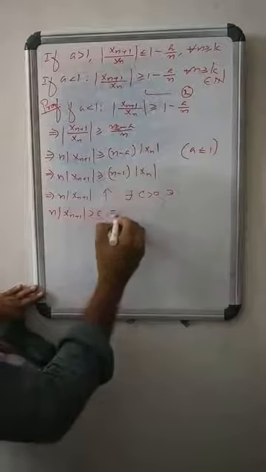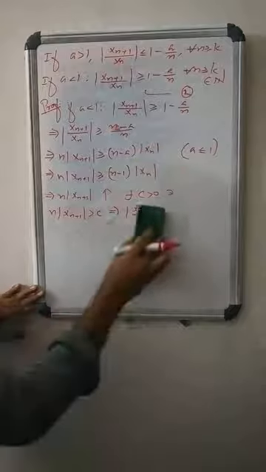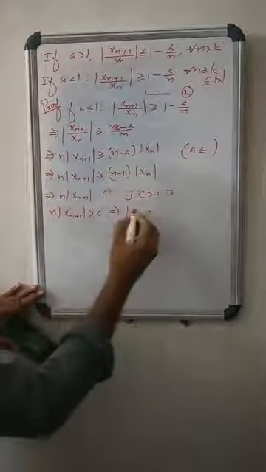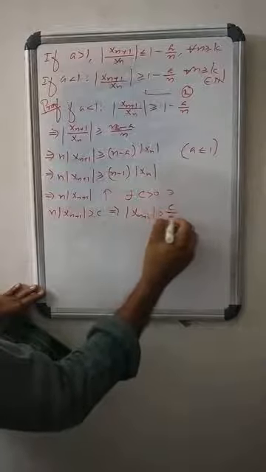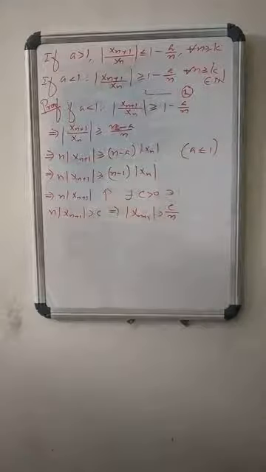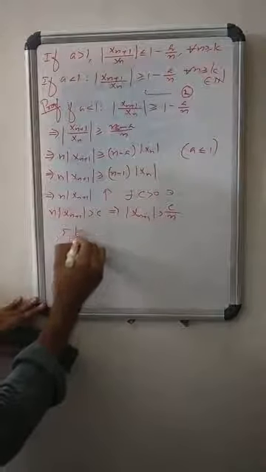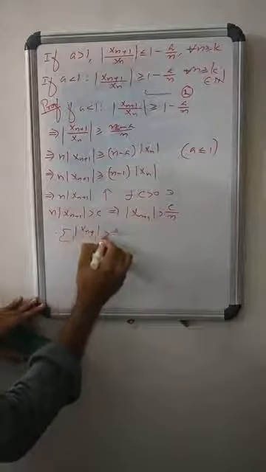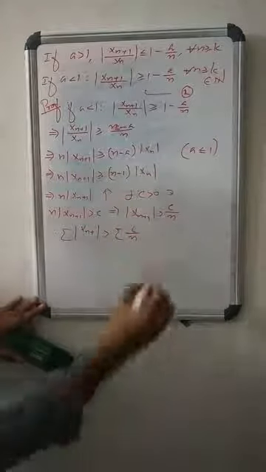That means modulus of xn+1 is strictly greater than c by n. Therefore, sigma modulus of xn+1 is strictly greater than sigma c by n. But what is sigma 1 by n?